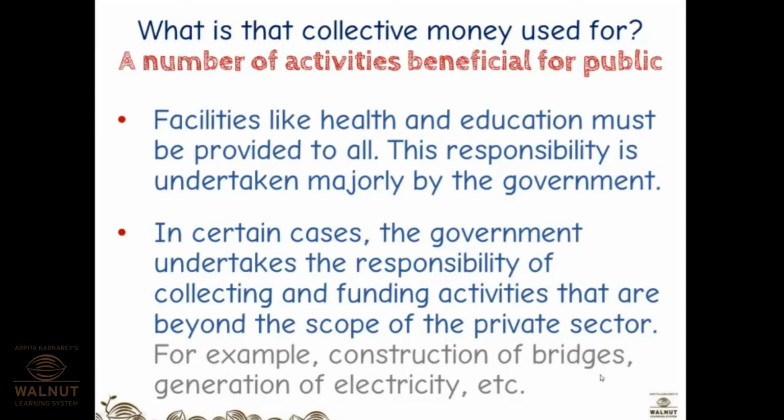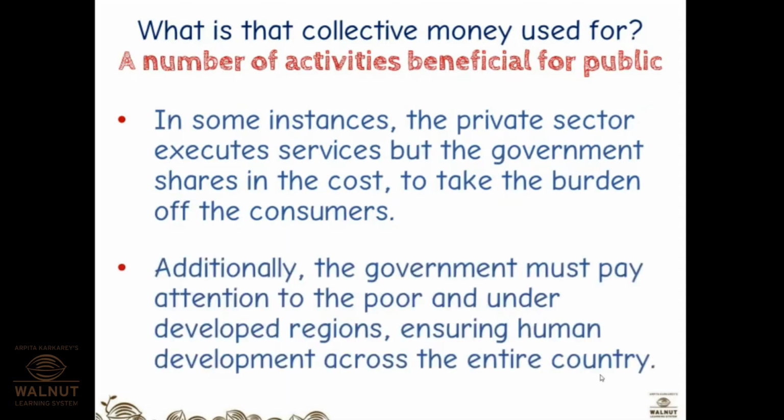Generation of electricity, I have already given an example. In some instances, the private sector executes services, but the government shares in the cost to take the burden off the consumers. So that is why I'm saying that the government buys things and then provides it to the public, so that they are not burdened.